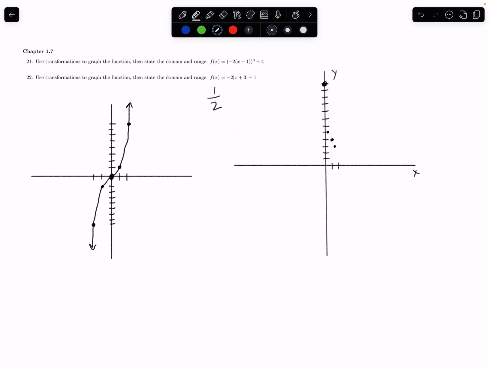And similarly to the right, I'm going to go right by 1 from this starting position and down by 8. So 1, 2, 3, 4, 5, 6, 7, 8, right there, those spots. So I've taken care of the original translations, this -2, and that's everything. Now I'm just going to plot those points together.